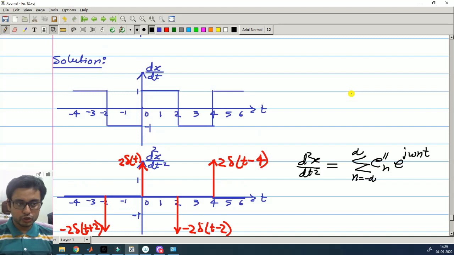And suppose the Fourier series of the square wave, that is the first derivative, is like this: dx dt equal to sum over Cn prime e to the power j omega n t.